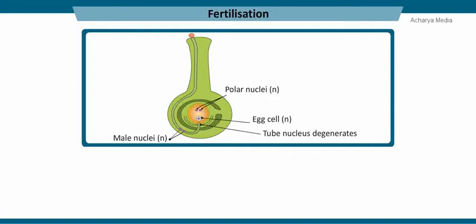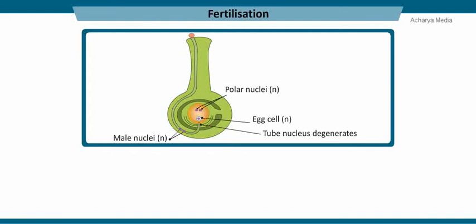Pollen tube of only one of the pollen grains will enter the ovule. While the pollen tube is growing, a haploid generative cell travels down the tube behind the tube nucleus. The generative cell divides by mitosis to produce two haploid, that is N, male nuclei.